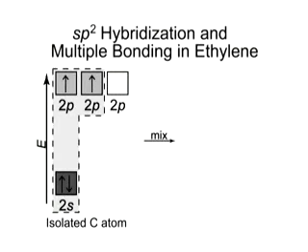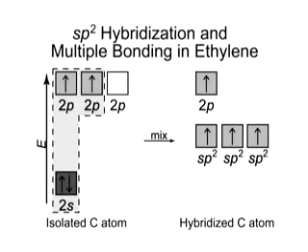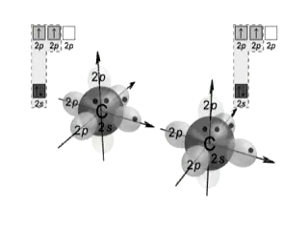Its filled 2s and two half-filled 2p's mix to become three half-filled sp2 hybrids, and the fourth electron occupies the unhybridized 2p. Let's examine the orbital view and highlight the two ways carbon orbitals overlap to create a double bond.